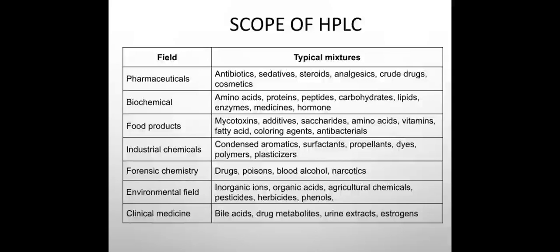In biochemicals, like determination of amino acids, proteins, peptides, carbohydrates, lipids, enzymes, and hormones, they can be analyzed using HPLC. In the food industry, HPLC is used for the determination of additives, saccharides, amino acids, vitamins, fatty acids, coloring agents, and various antibacterials added in it.